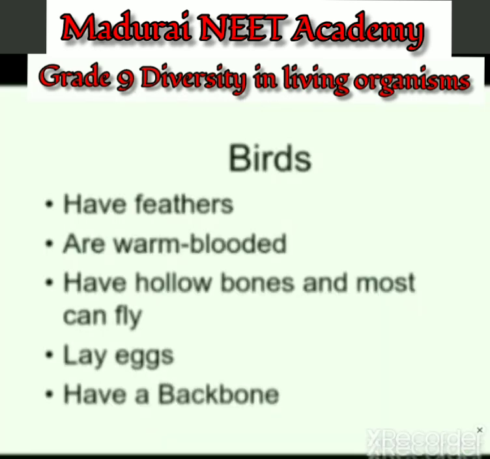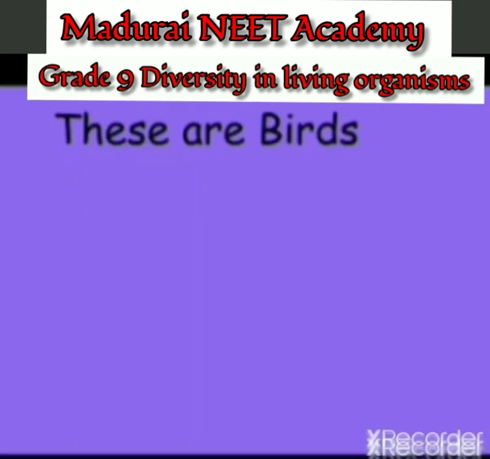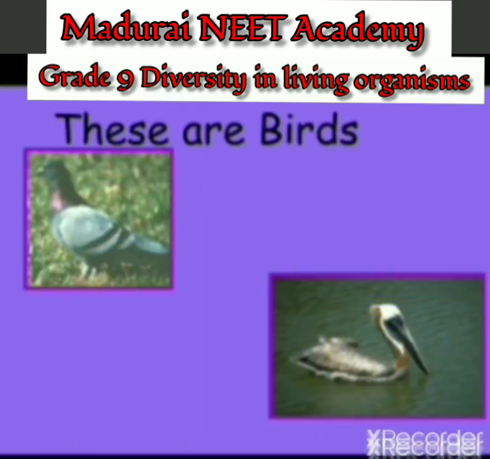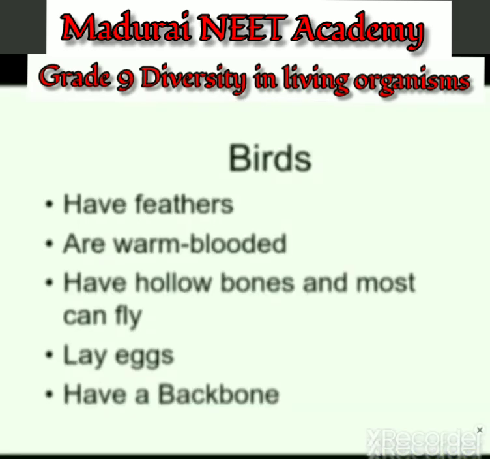Next is the bird. Birds have feathers and wings, and they are warm-blooded. Apart from the previous classes, they have hollow bones and thus can fly easily. They have low body weight, so they can fly easily in the air. They lay eggs and hatch out their offspring in the form of chicks.